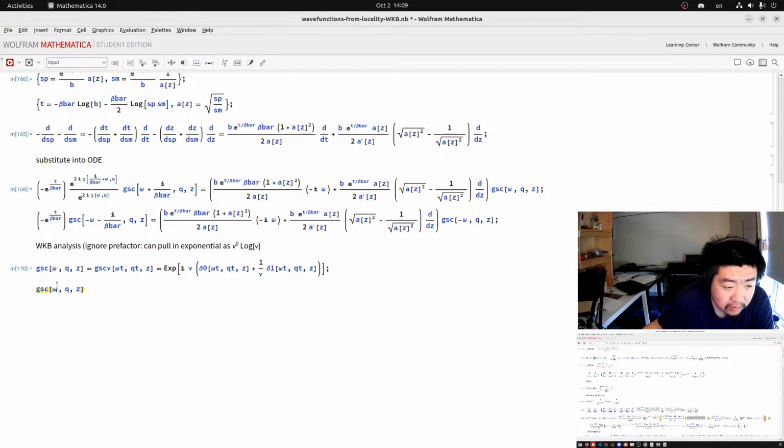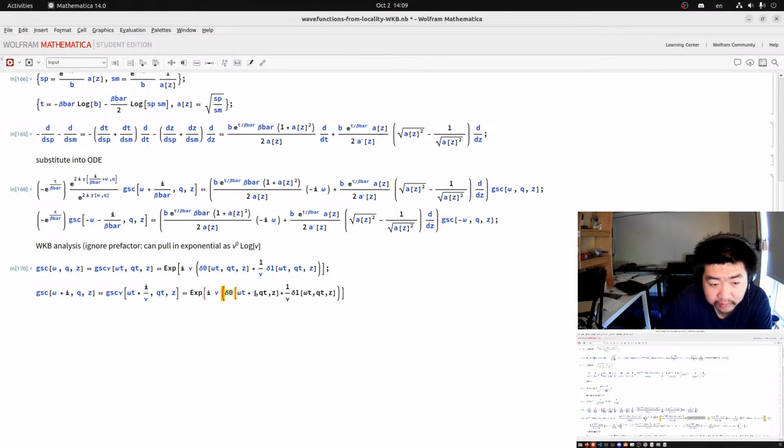So now I need to compute two things. If I add I, then this is plus I over nu, and this thing becomes plus I over nu, and this also becomes I over nu.